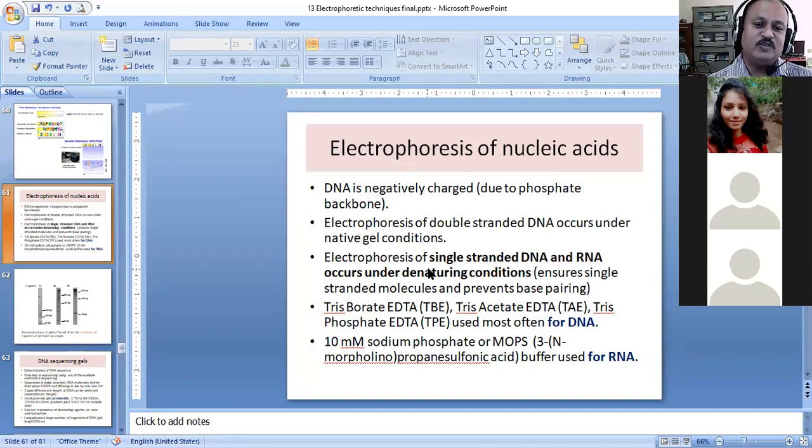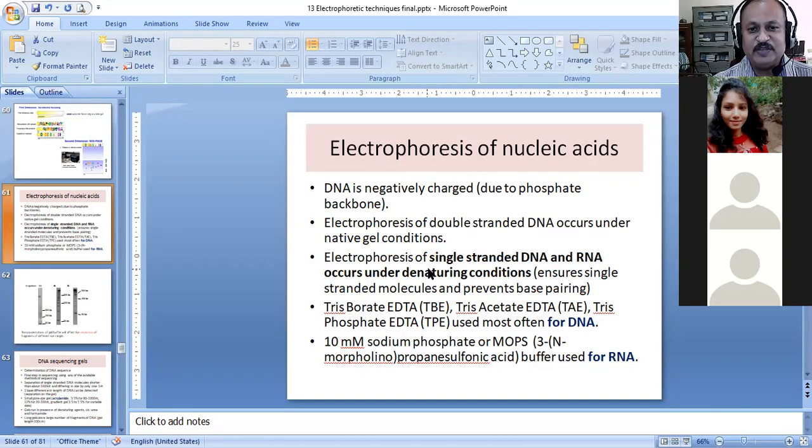Therefore, we have to use certain conditions called denaturing conditions. In the denaturing condition, the single stranded molecules of DNA and RNA will remain single stranded, and therefore their electrophoretic movement in the gels will be proper, or unhindered, right?